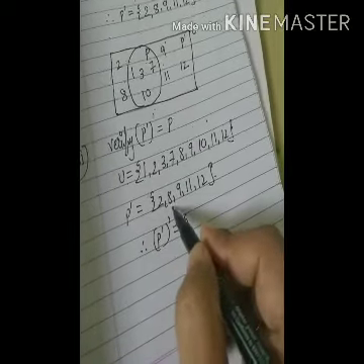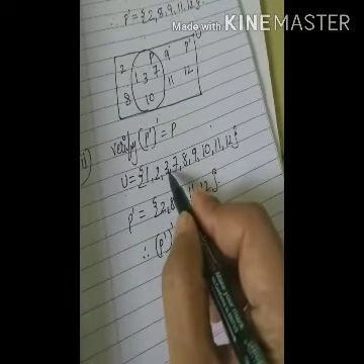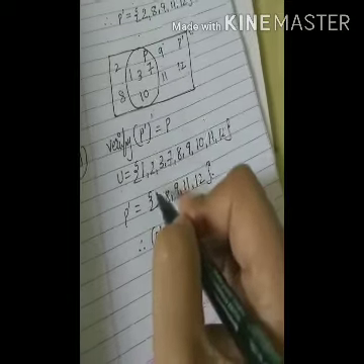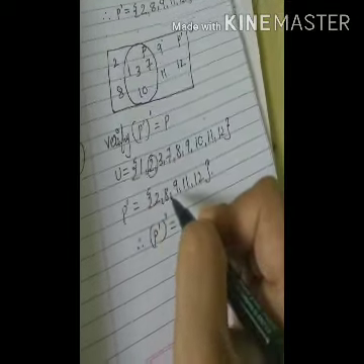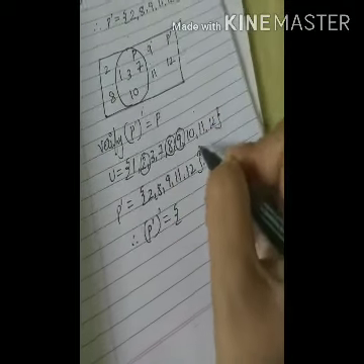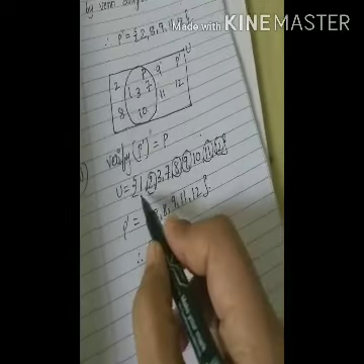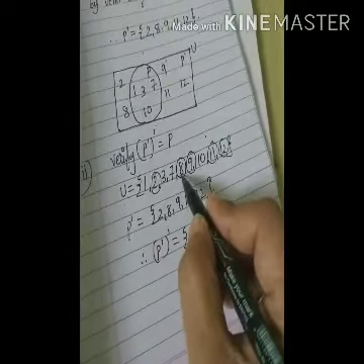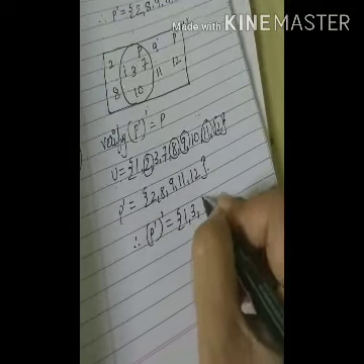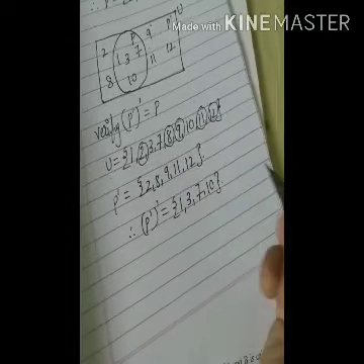All the elements of P complement you remove from the universal set. So what are the elements? 2, I'll remove, 8, 9, 11 and 12. So what are the remaining elements of the universal set? 1, 3, 7 and 10.